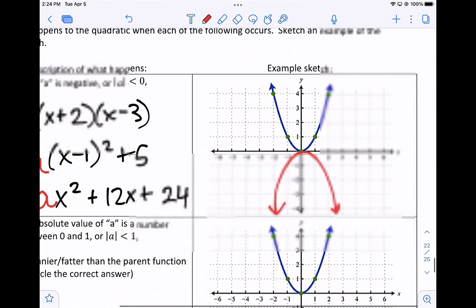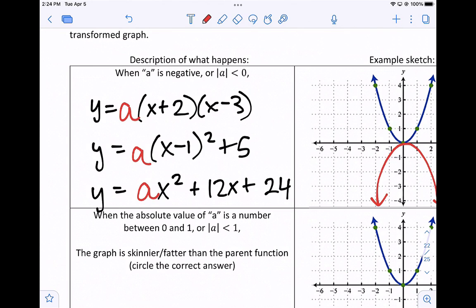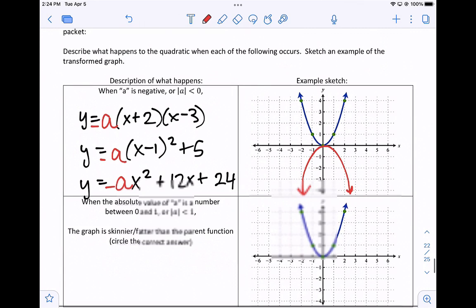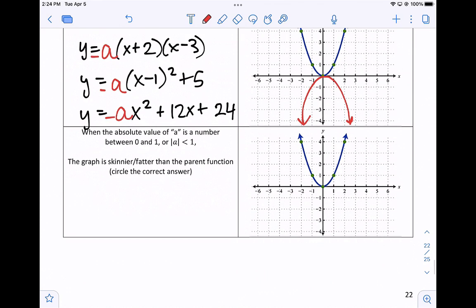So when it's negative, for each of these graphs, if it was a negative a value, it would be an upside down graph, or a frowny face graph is what I like to call it. So upside down or frowny face graph. When the absolute value of a is a number between 0 and 1, is it skinnier or fatter?